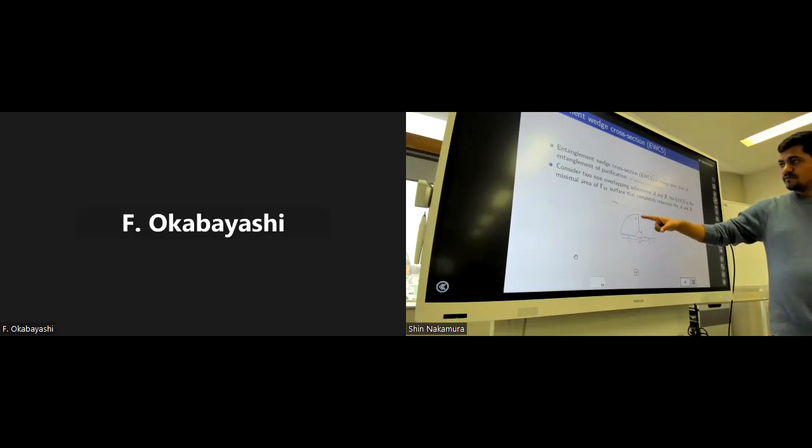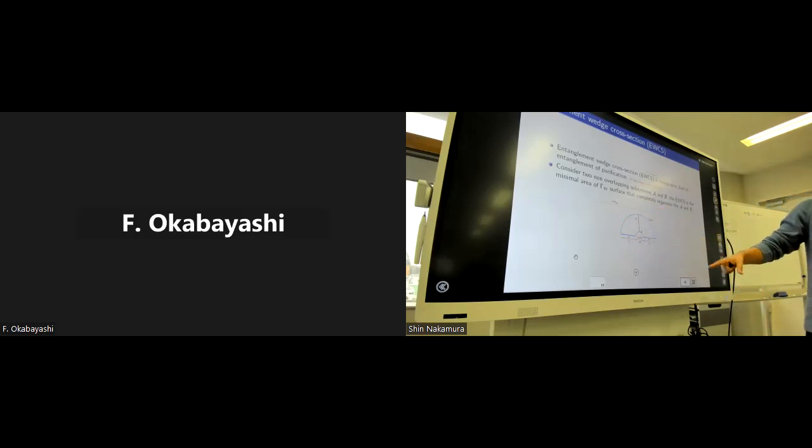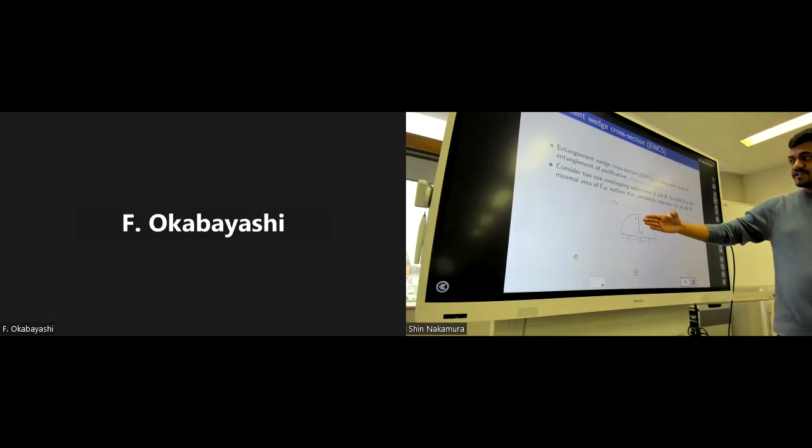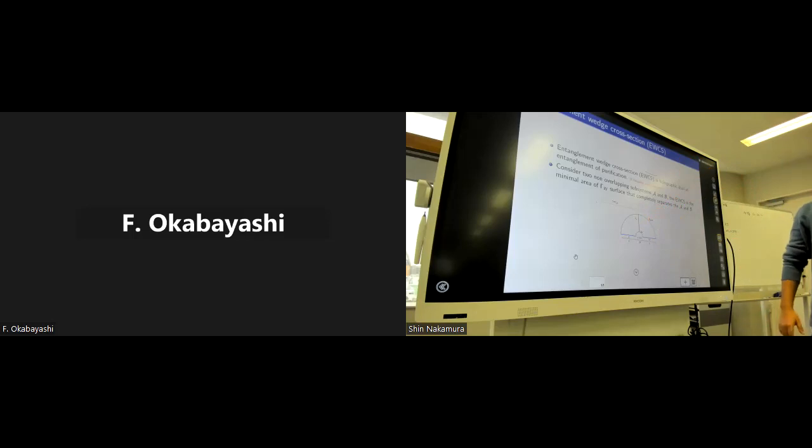Now, what is the EWCS? EWCS is a surface which divides these regions into two different parts for A and for B. So now what we have to do to compute the EWCS, we need to find out the area of this extremal surface, which is shown here in red. Okay, so we will use the same strategy as we did for the RT surface, the area in the case of the entanglement entropy.